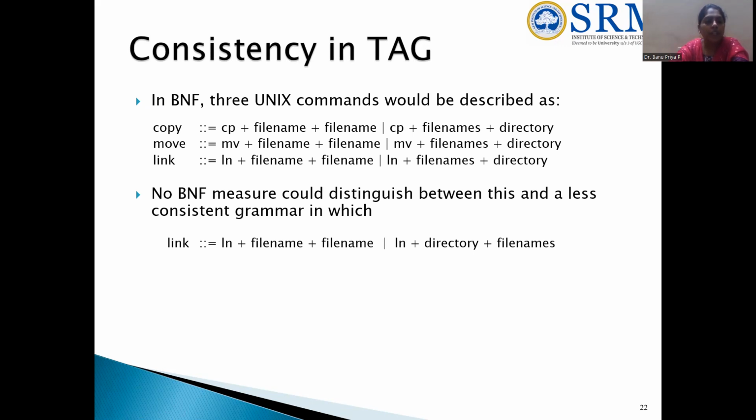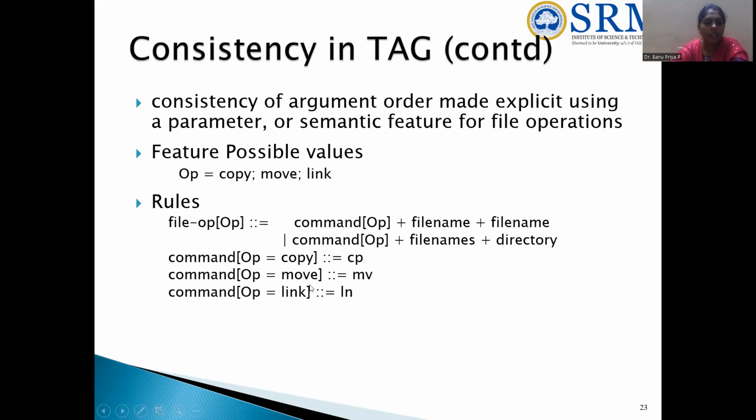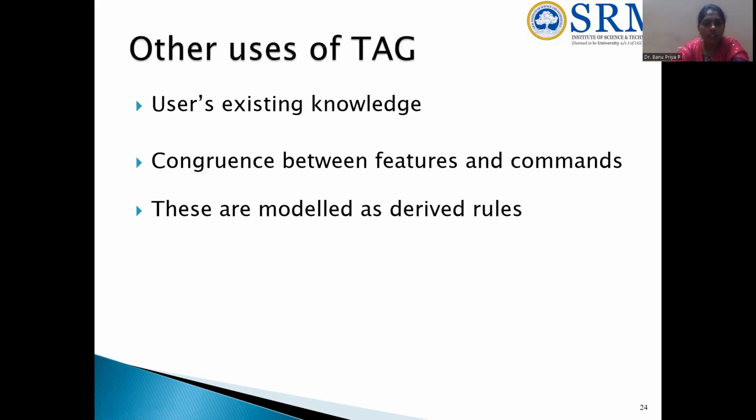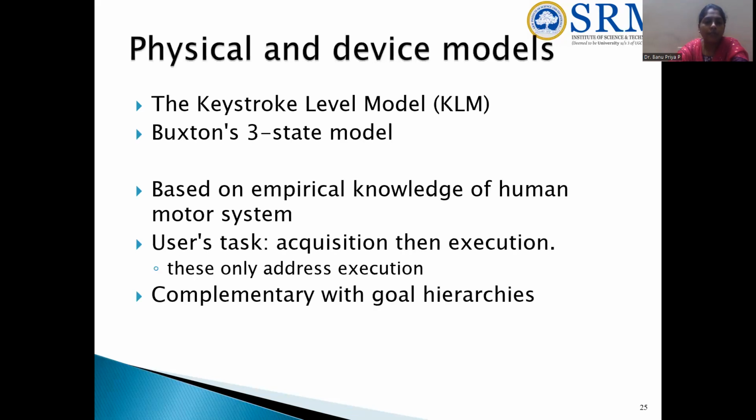Here in BNF these Unix commands can be described, whereas in non-BNF, it is less consistent in grammatical ways. So it is better to use TAG. Other uses of TAG: use of existing knowledge can be increased. The concurrence between the features in the commands is again high. These can be modeled as derived rules.